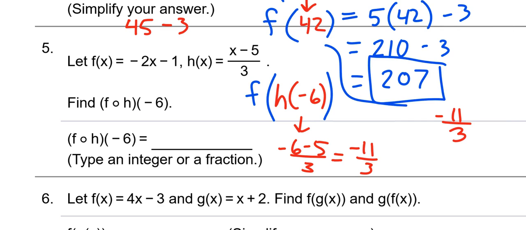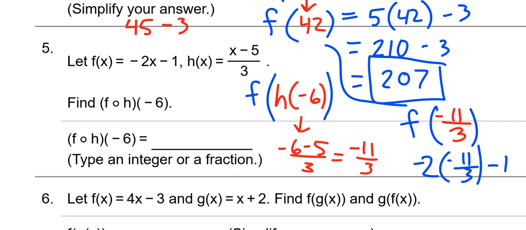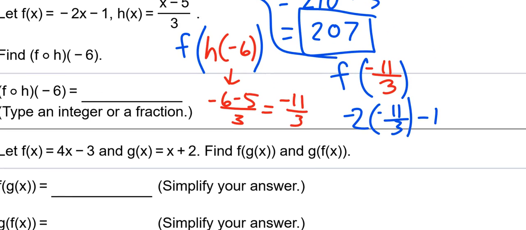So now I want f of negative 11 thirds. F of negative 11 thirds. So that's negative 2 times negative 11 thirds minus 1. I'm guessing you grab your calculator. And that's 22 over 3 minus 1, which is 3 over 3.